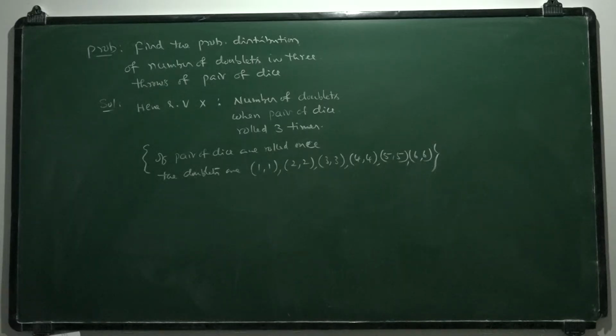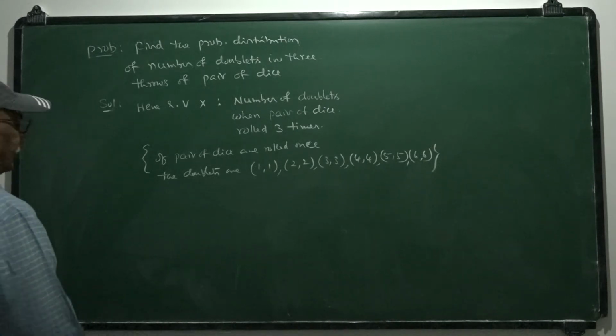What are the probabilities of the values of x, the random variable, and what values can x take? These are all to be discussed here.